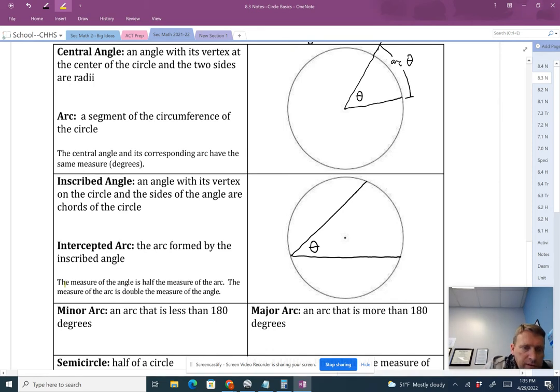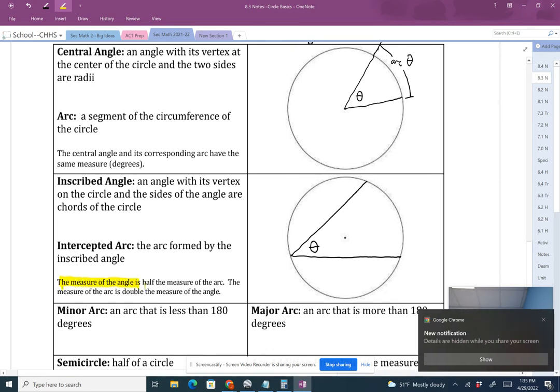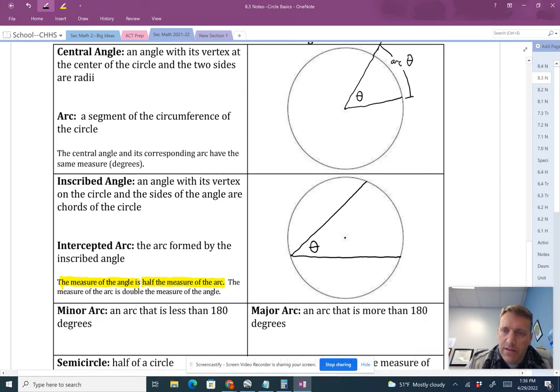Let's make note here that the measure of the angle is half the measure of the arc. And so if this is theta, the arc over here is 2 times theta.